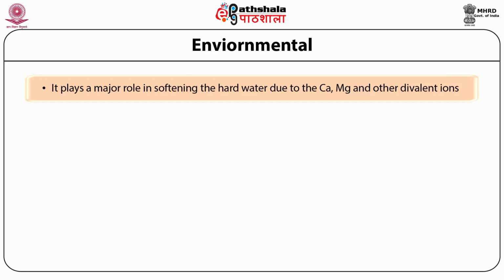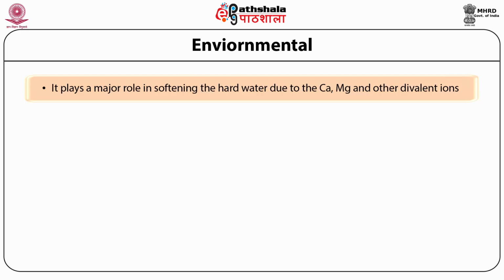It also involves complete demineralization of water by removing both cations and anions. The steps consist of passing water through an acidic cation exchanger. Calcium, sodium, and magnesium ions are exchanged by hydrogen ions, and in another step, the water is passed through a basic anion exchanger.